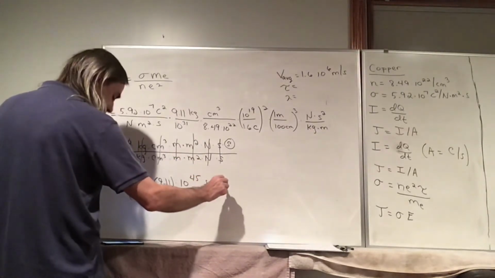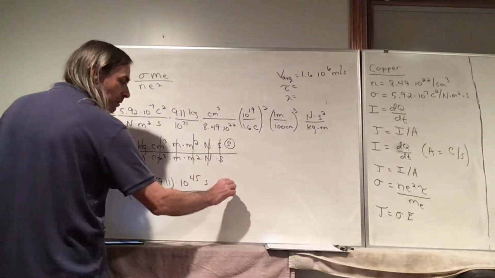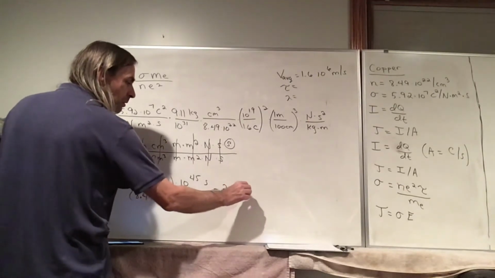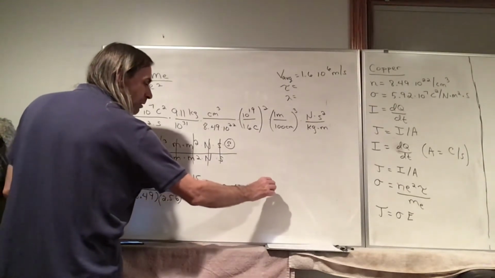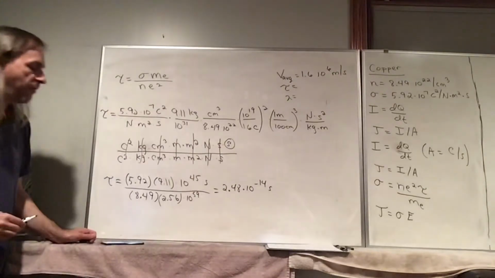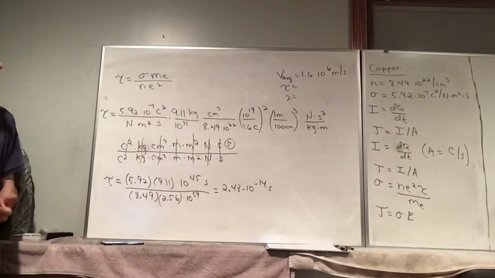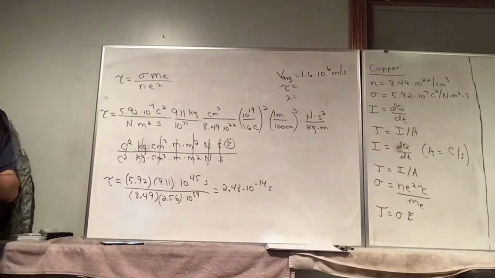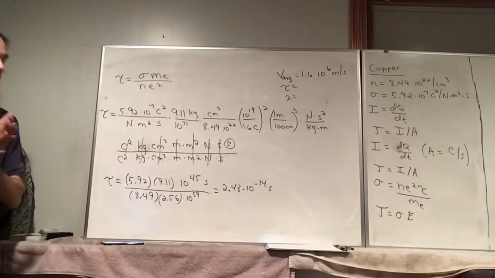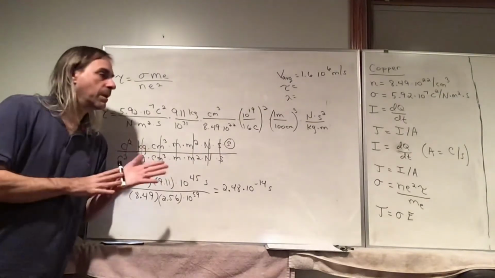So I'm getting 2.48. And then 10 to the 45 divided by 10 to the 59 is 10 to the minus 14. And so this is an extremely short period of time.